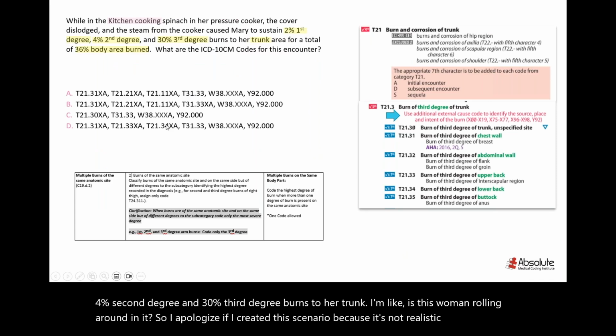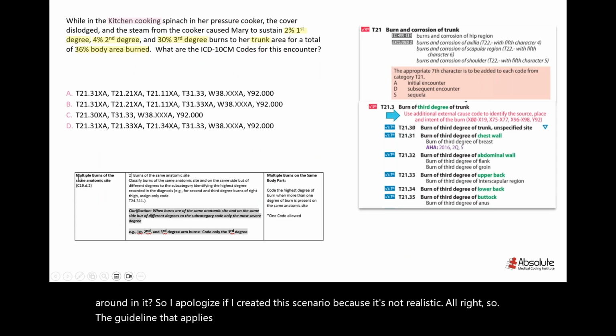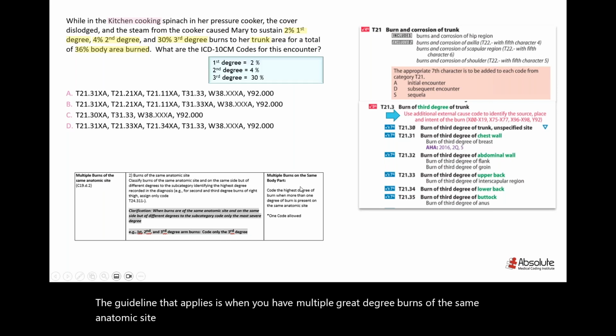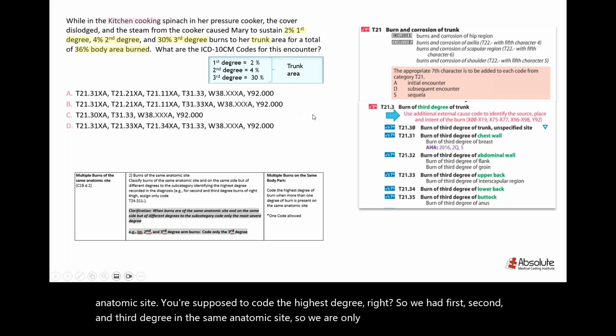So the guideline that applies is when you have multiple degree burns of the same anatomic site, you're supposed to code the highest degree. We had first, second, and third degree in the same anatomic site, so we are only going to code the third degree.